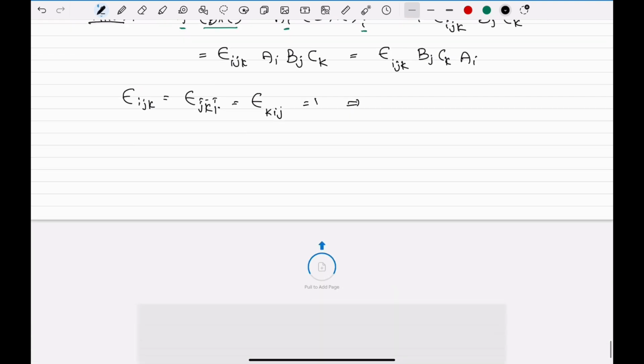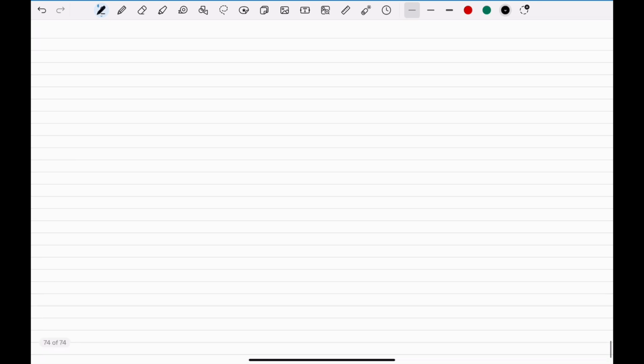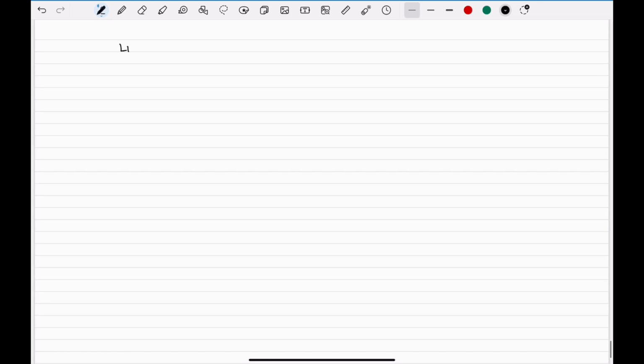Now let us see what happens. Now left hand side is equal to A dot B cross C. We have to go logically. And once you go logically, you will not make any mistake anywhere.